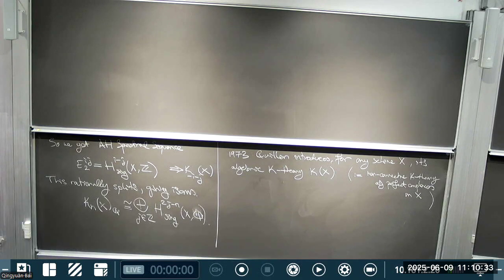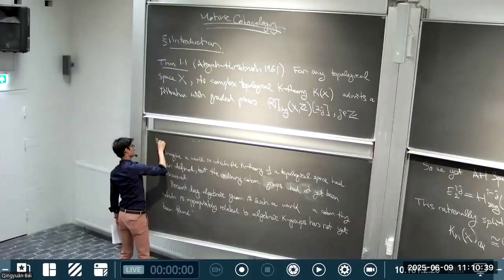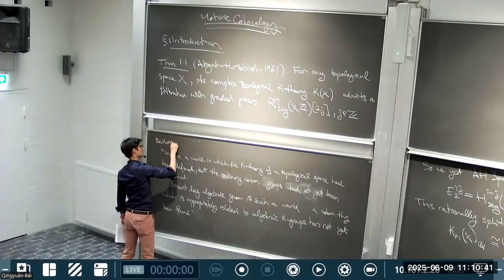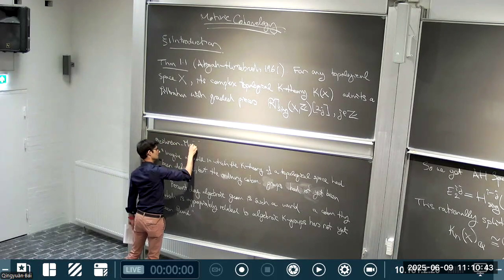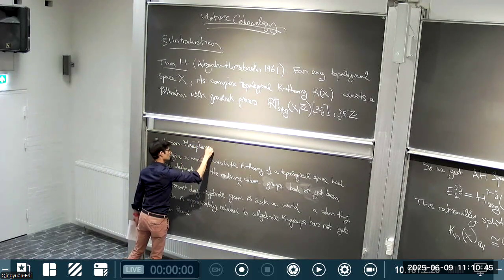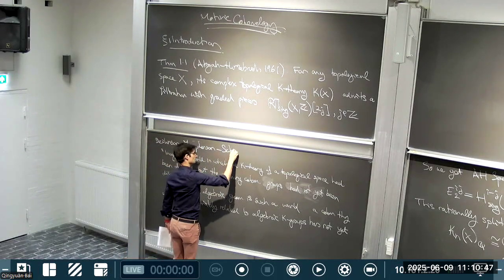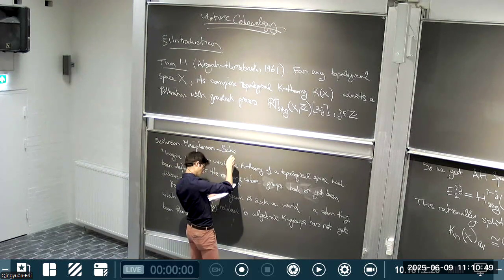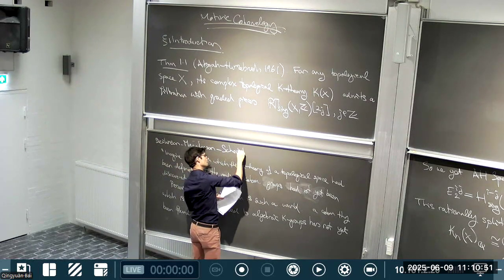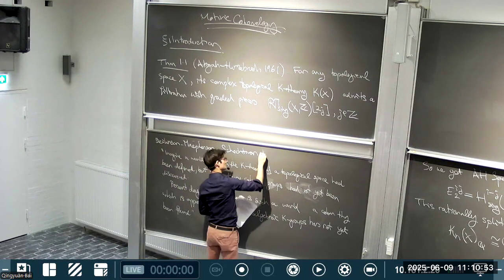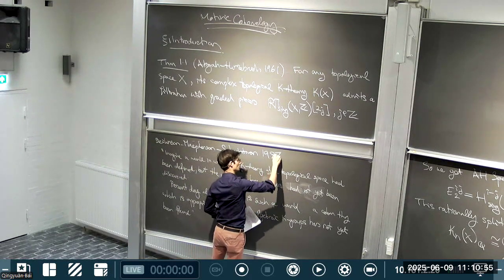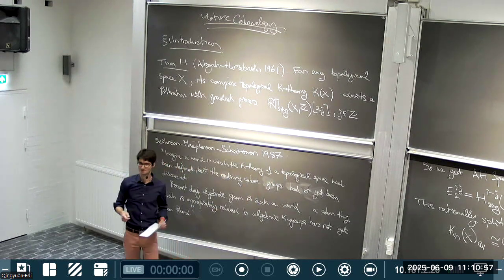And so now we get to the quote that I just had time to write, which is due to Beilinson, MacPherson and Schechtman, a few years later. They have a survey paper on motivic cohomology.